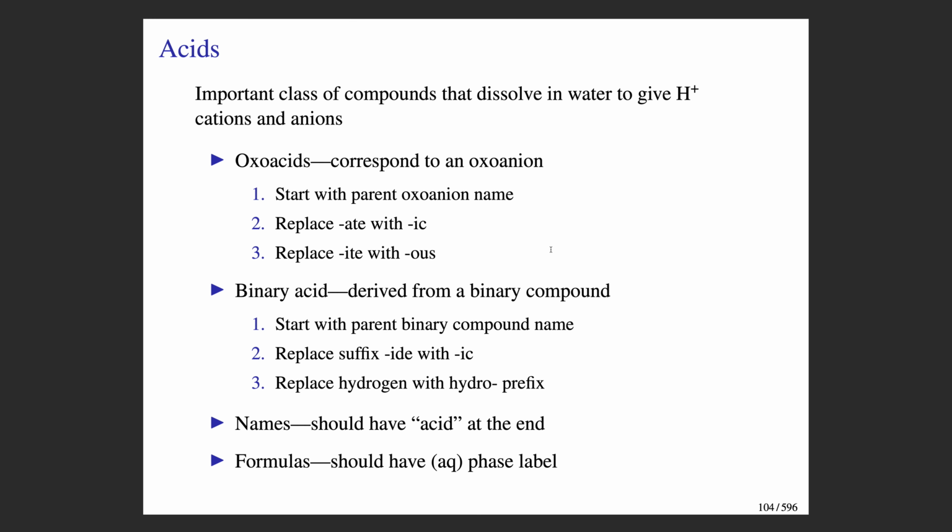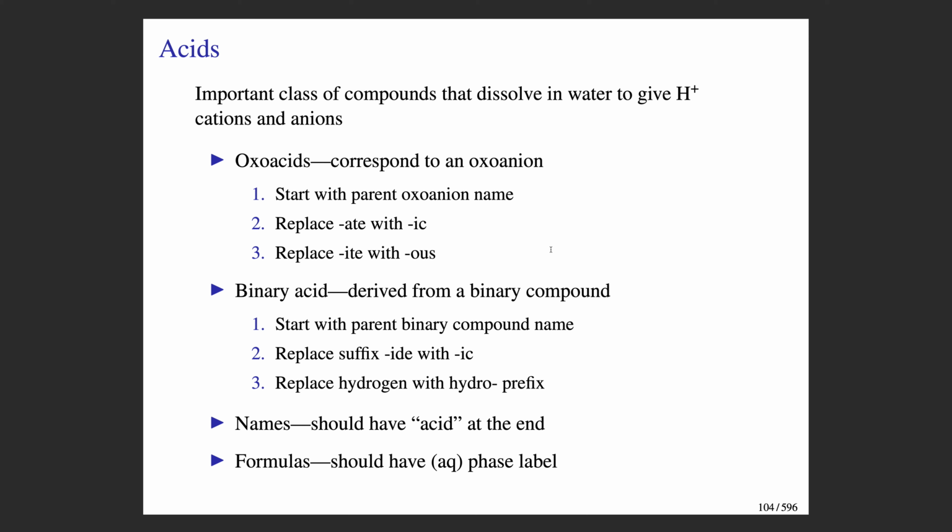So these are acids that we'll be naming. Acids are a class of compounds that give protons in water, as well as other anions. And so the oxoacids are a class of acids that are based upon the oxoanions. The way that you name these is that you start with the parent oxoanion name, and then you replace ATE with IC.